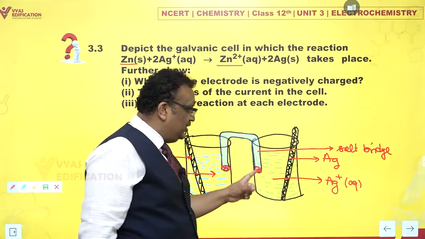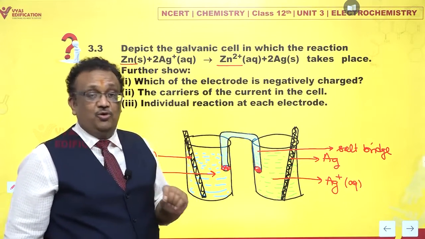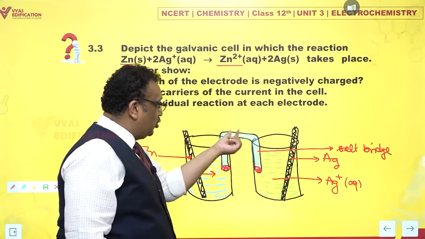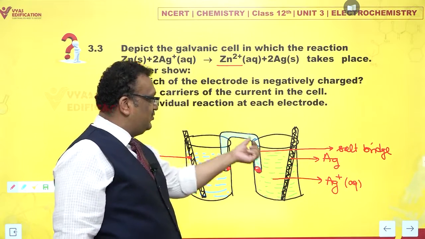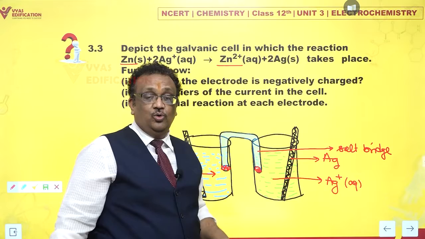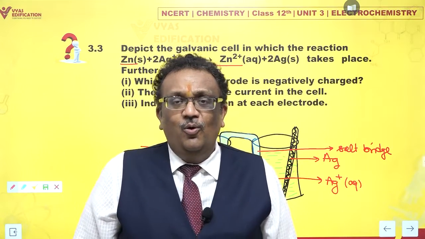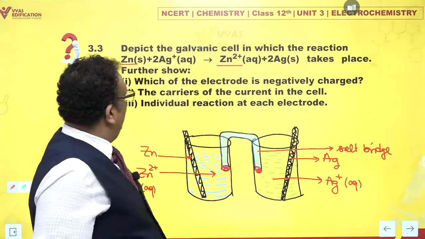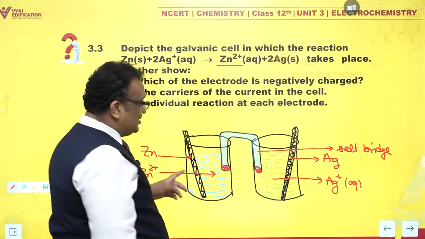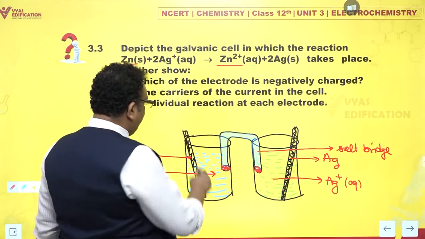And what is the role of this salt bridge? It is a very crucial role. Ions from the salt bridge can move into this as well as this vessel and make sure that each solution stays electrically neutral. Oh wow, is that the case? Yes. Is the circuit complete? Of course not.